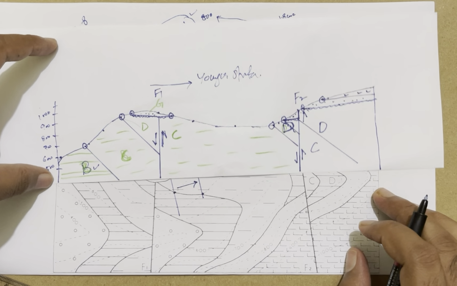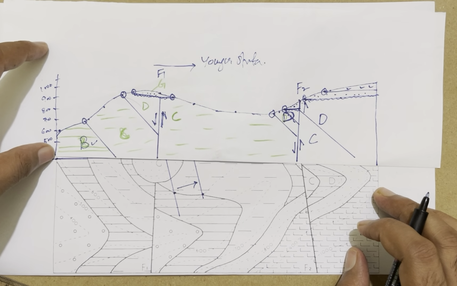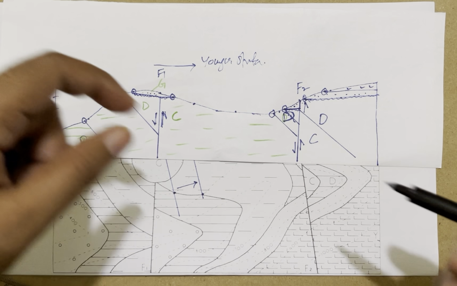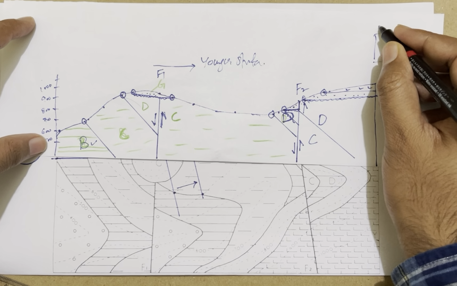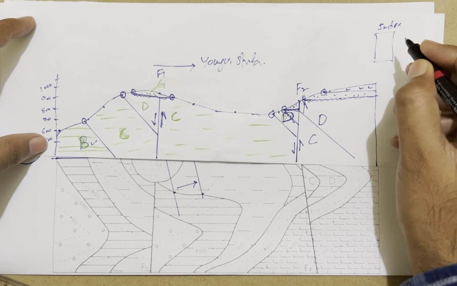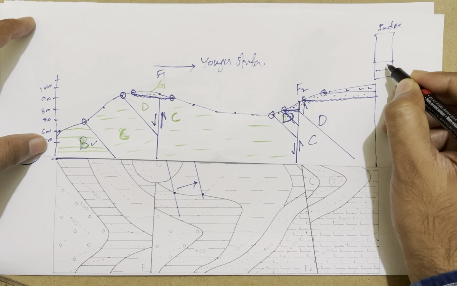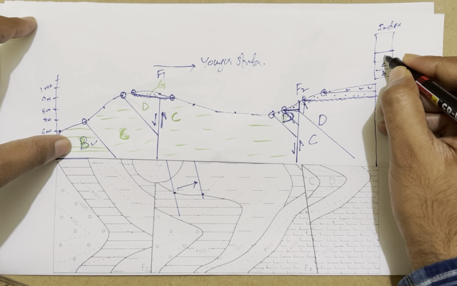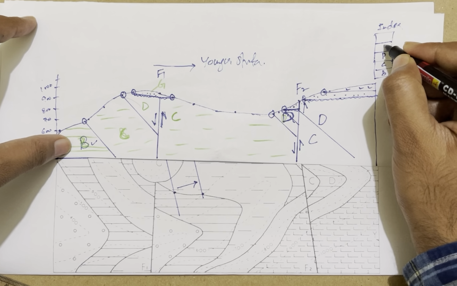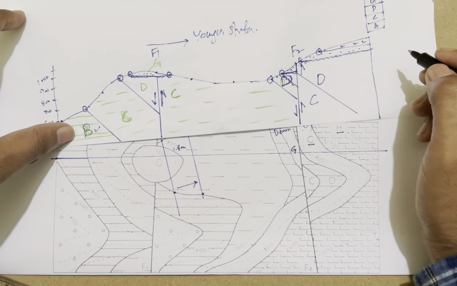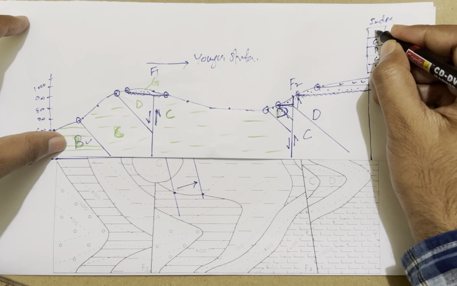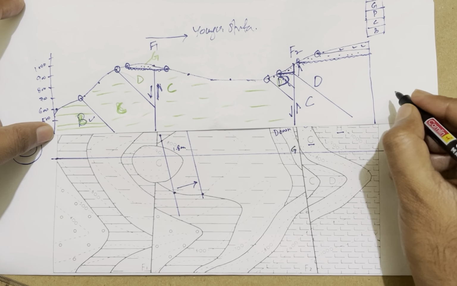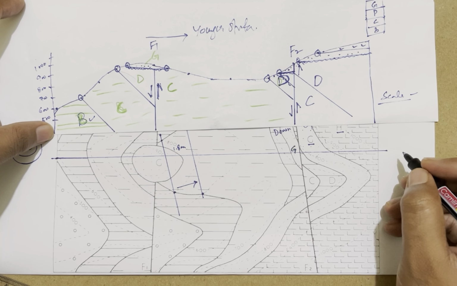Hope you understand things very easily from this, and other things you can add: index. 1, 2, B, C, D, G and this part is H. A is not included along this line, so I'm not considering that.